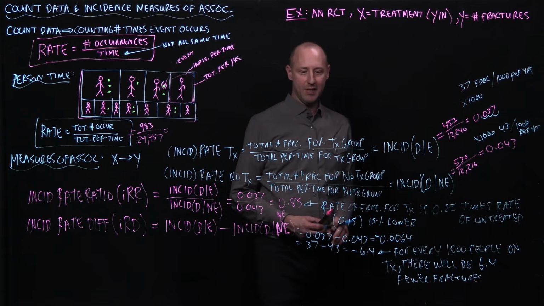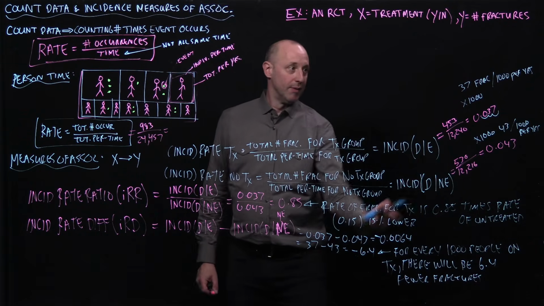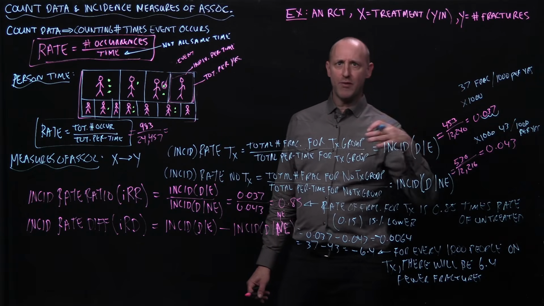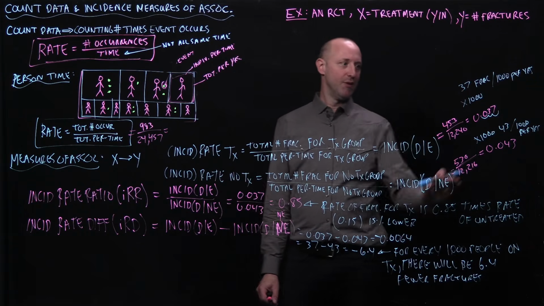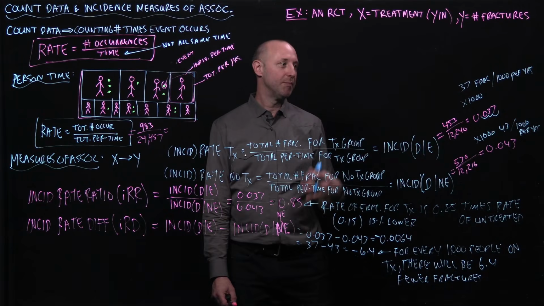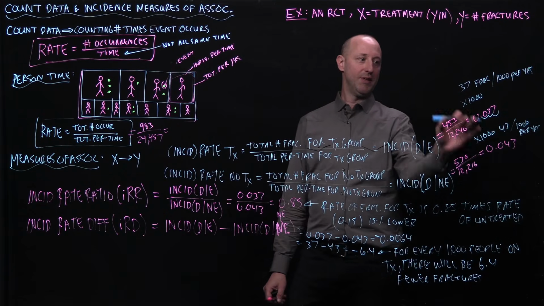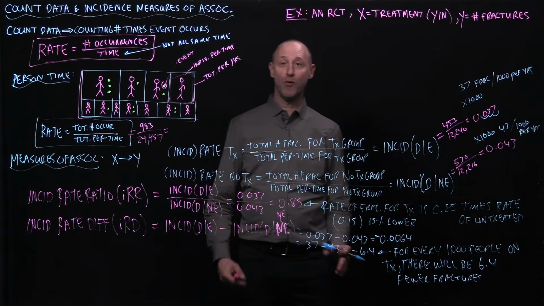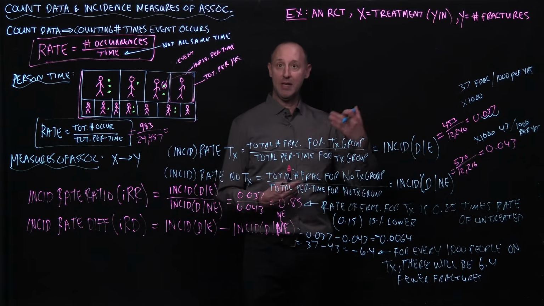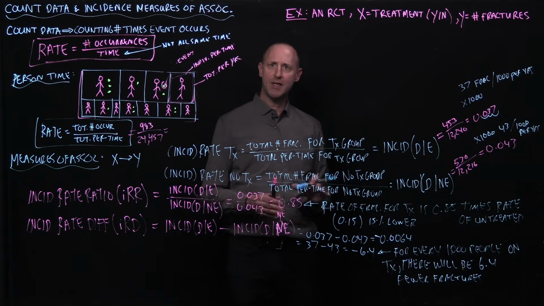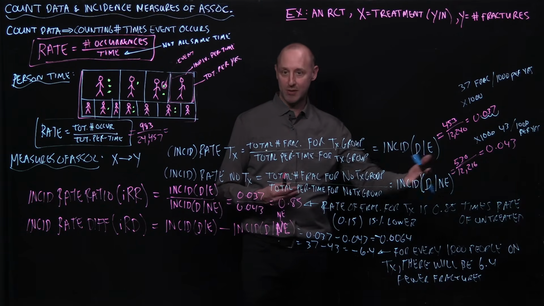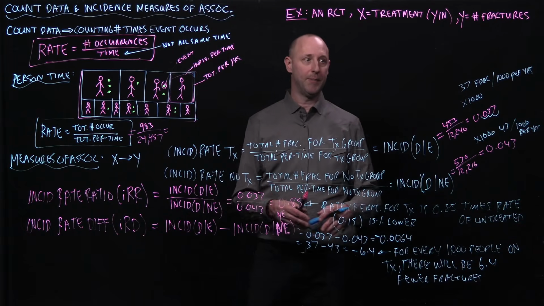Right, and again, just to think about that, we saw for those who are receiving treatment, we'd expect about 37 fractures per 1,000 person years. For those not receiving treatment, we'd expect about 43 fractures per 1,000 person years. Right, the difference in those two is negative 6.4, right? Or if we were to move 1,000 people to being treated, that would decrease about 6.4 fractures per 1,000 people, okay, or per 1,000 people per year.